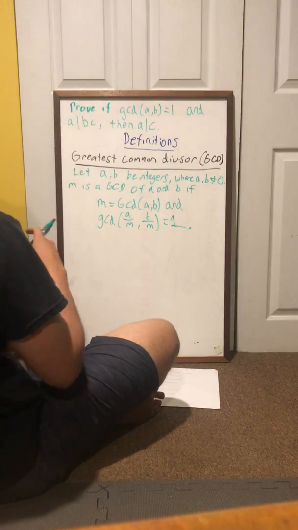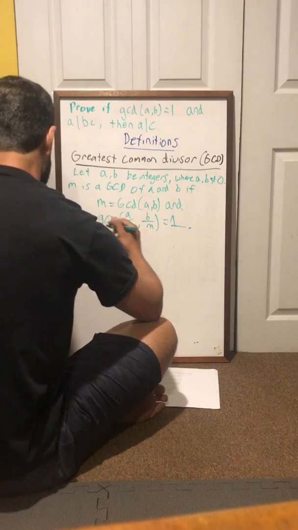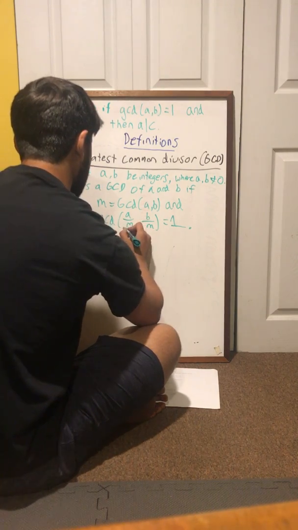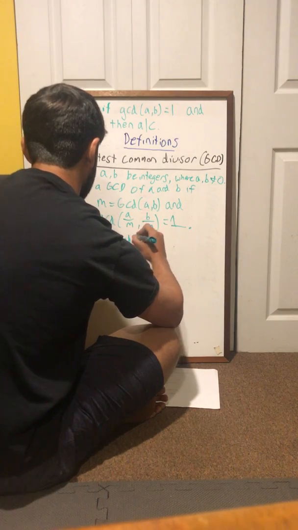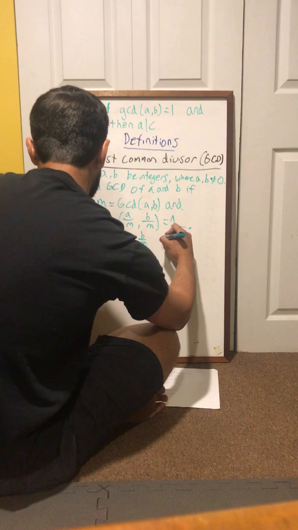Okay? Also, we're going to say A over M, so this value, and B over M are relatively prime.